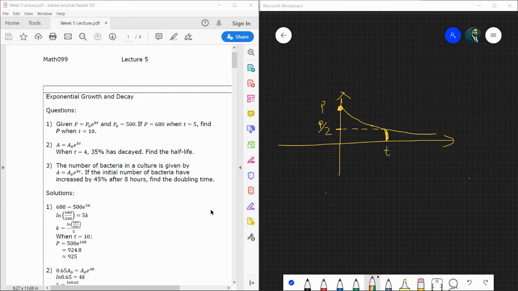We don't know how much, but whatever it took to become half, that's the half-life. Then if you take another half of P over 2, it's going to be P over 4, and this is going to take exactly the same amount of time. That's the concept: the amount of time it takes for something to become half is the half-life.